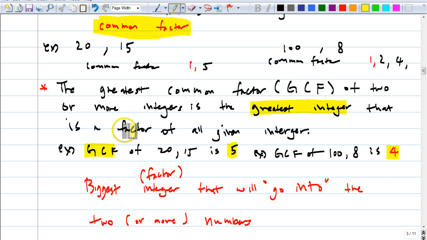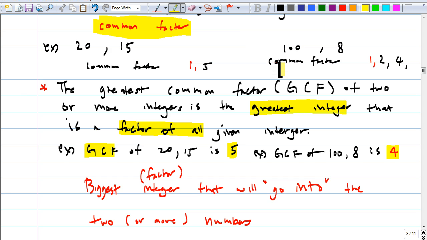Greatest integer that is a factor of all means common factor, right? So maybe I should write, instead of factor of all given integers, I could just say common factor. Greatest integer that is a common factor. But I guess they didn't want to use that because common factor is already in the name. They wanted to use something else.